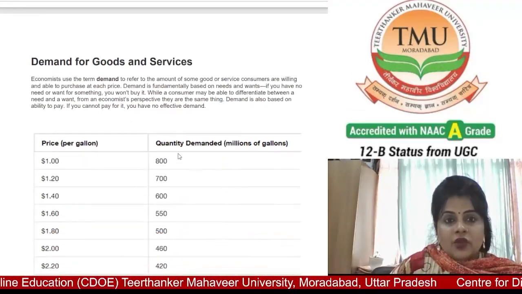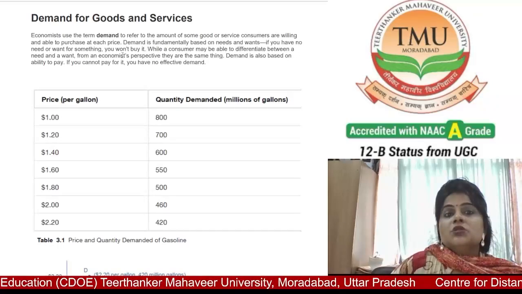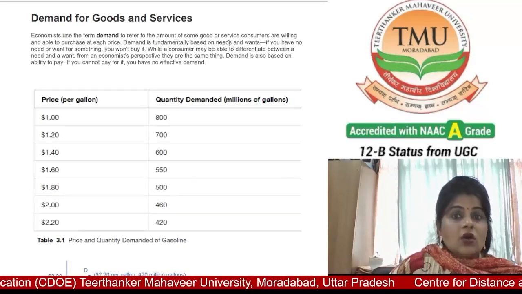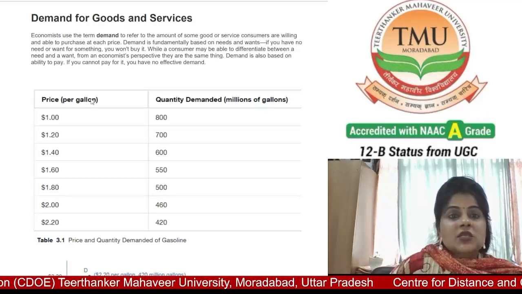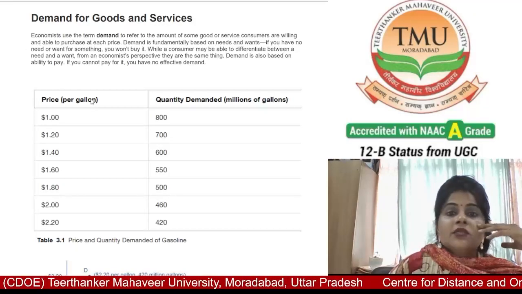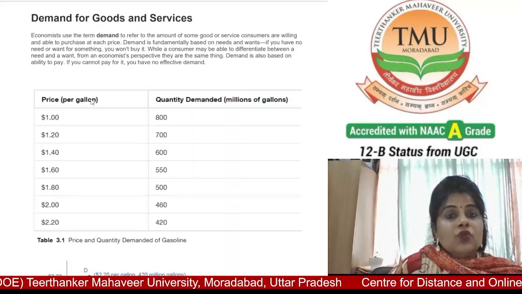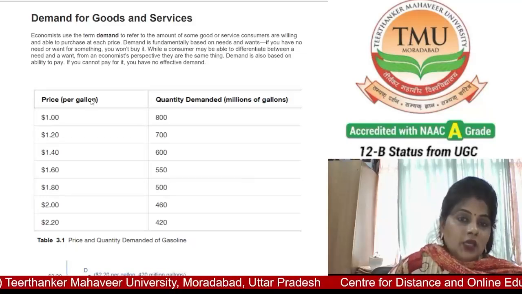Sorry, first of all, I also discussed demand for goods. Economists use the term demand to refer to the amount of some good or service consumers are willing and able to purchase at each price. Demand is fundamentally based on needs and wants. If you have no need or want for something, you won't buy it.